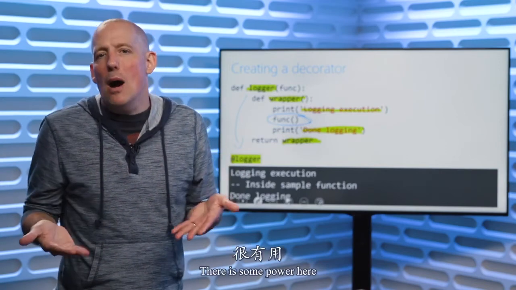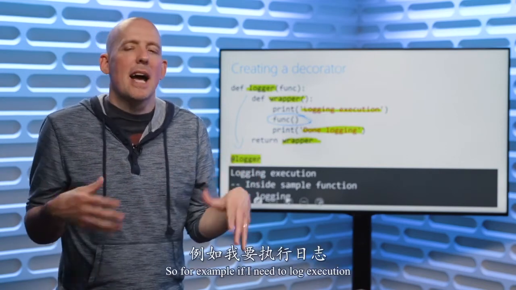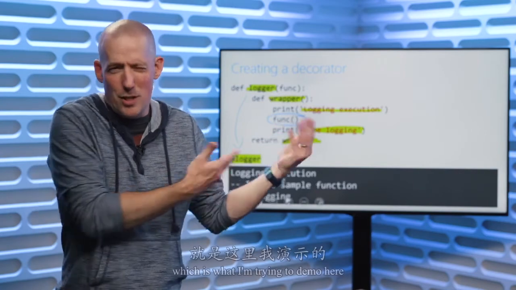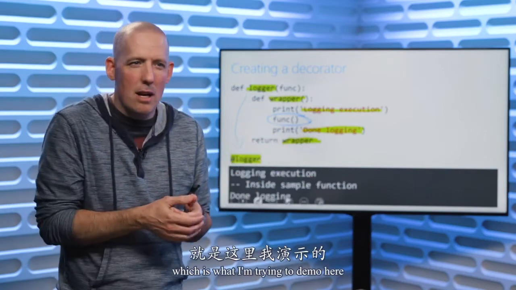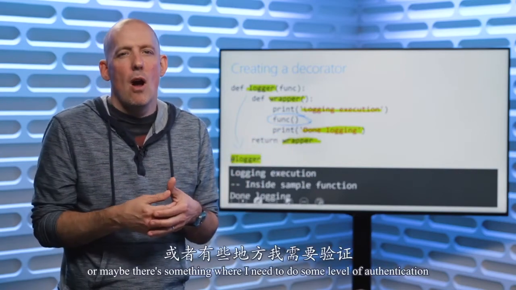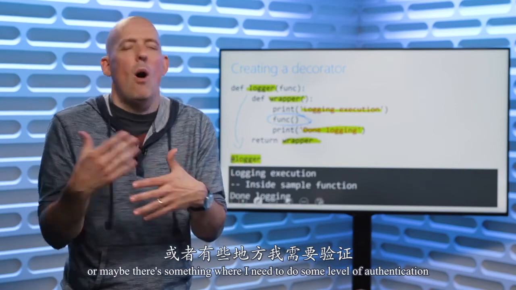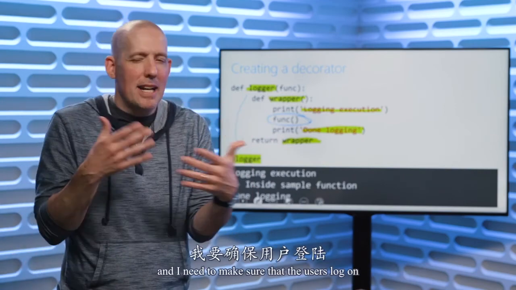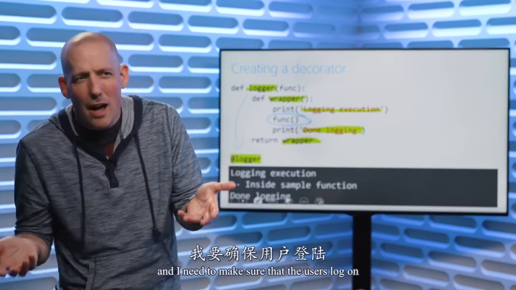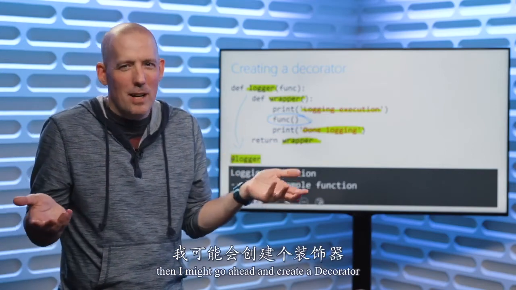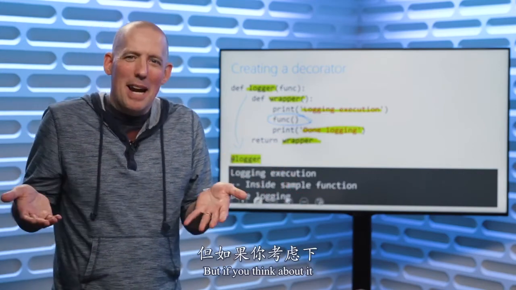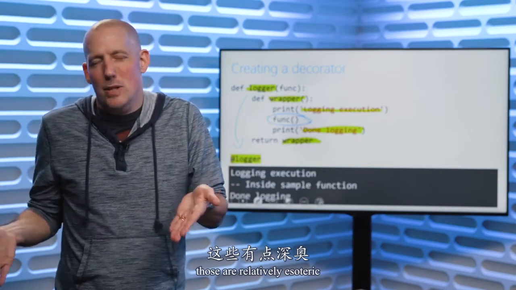There is some power here. For example, if I need to log execution, which is sort of what I'm trying to demo here, or maybe I need to do some level of authentication and make sure that the user is logged on, then I might go ahead and create a decorator. But if you think about it, those are relatively esoteric.